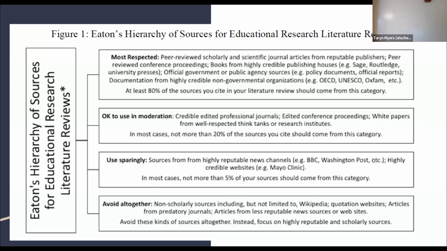So if you're doing a literature review for a class paper, or you are going to try to publish something in a journal, at least 80% of the sources you cite in your literature review should be coming from this category. Now, when I publish, I would say 99+% of my sources come from this category.